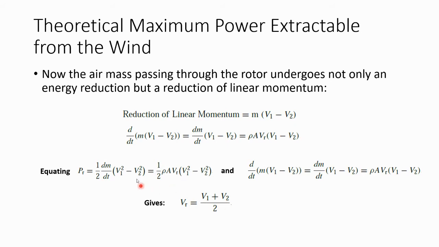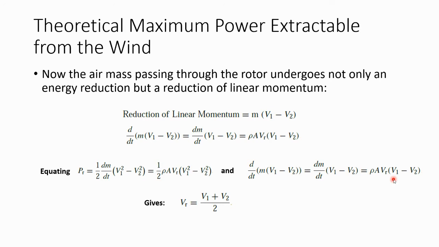Because if you notice in this equation and in this equation, the only unknown that we do not have is VR. We have the values of V1 and V2 because we can measure them. A represents the cross-sectional area of the wind turbine. Rho is the air density at standard atmospheric condition, and we have that as well.